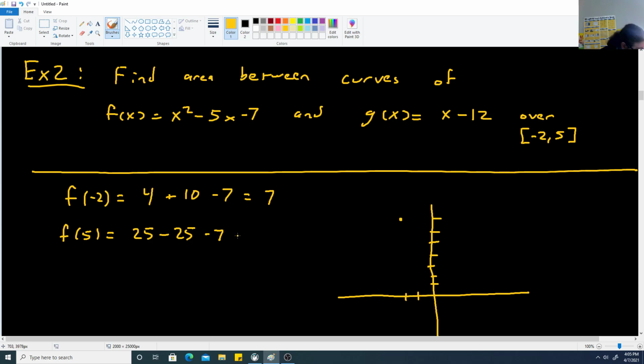So f of 5 I'm getting is negative 7, and that seems not like what I'm expecting. I was expecting positive 7. So let's see what we're looking at f of 5. 5 squared is 25, minus 5 times 5 is 25, minus 7, so we get negative 7, I guess.